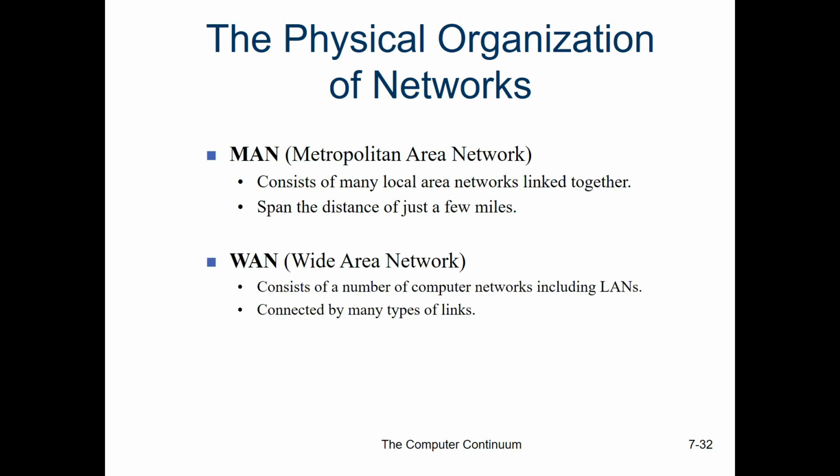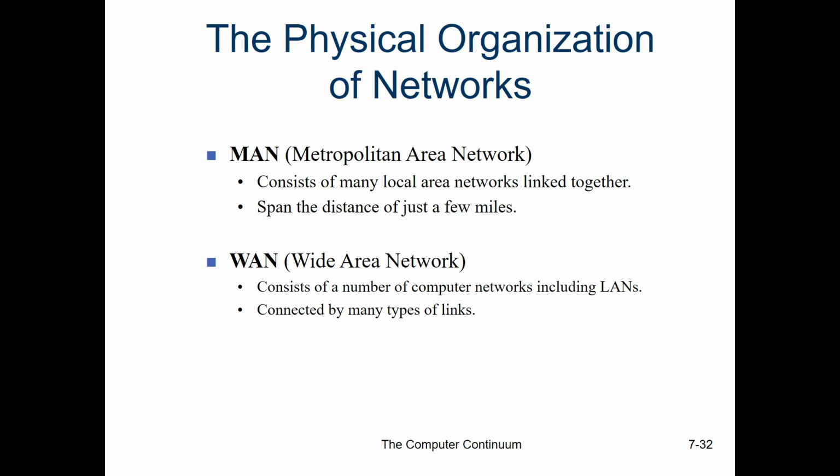Then we have MAN, which is metropolitan area network, which consists of many local area networks linked together. It could span up to a few miles, so a city could come under a metropolitan area network. So the network in a city could be labeled as MAN.